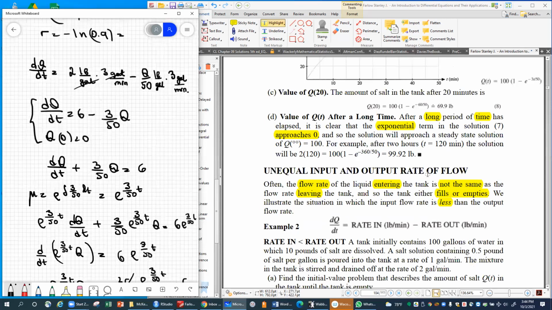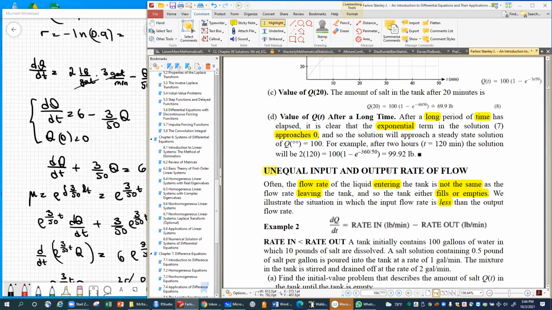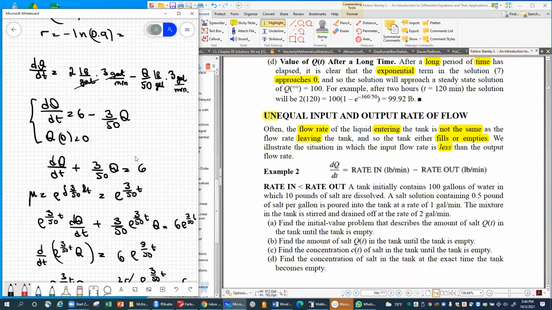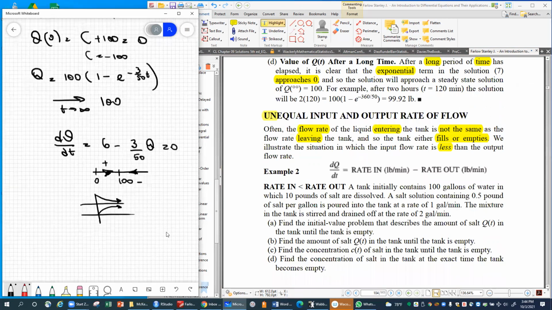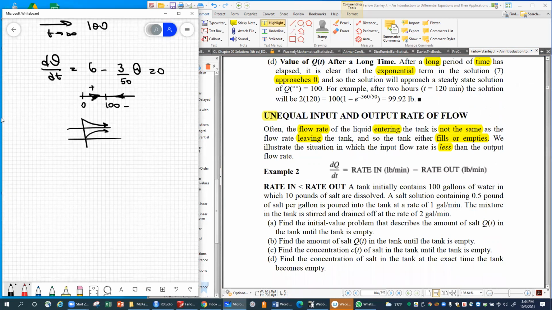If it's not equal, so unequal rates of input and output, then it gets a little bit more involved. Not much more complicated, still a linear equation, but a bit more to think about. Often the flow rate of liquid entering the tank is not the same as the one leaving the tank, and the tank either fills completely or empties.